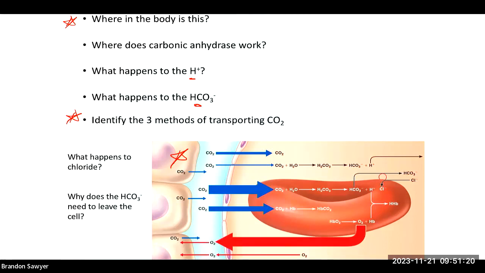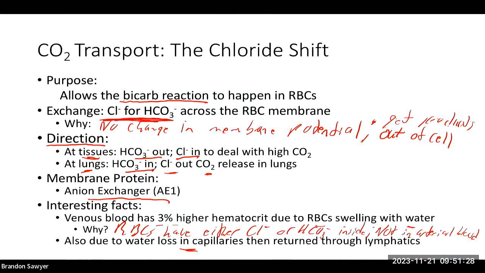All right, let's go ahead and come back together here. Let me just explain this one again. I don't think I explained that one very well. So venous blood, thinking about the blood on the venous side after it's already passed through the capillaries, has a little bit higher hematocrit compared to the arterial side before it gets to the capillaries, because red blood cells are either going to have chloride or bicarbonate inside of them.